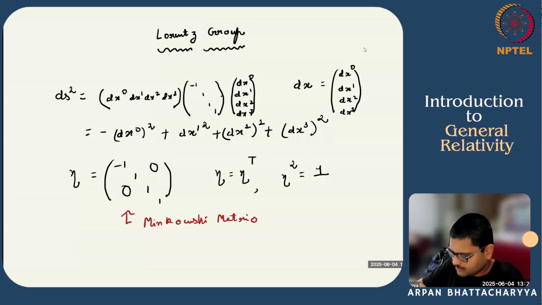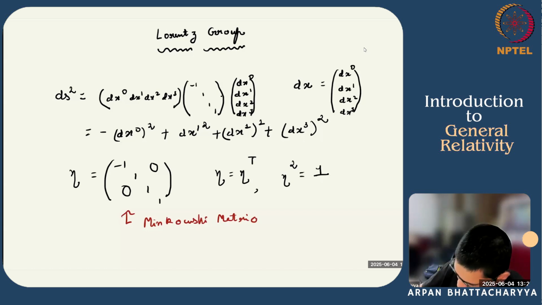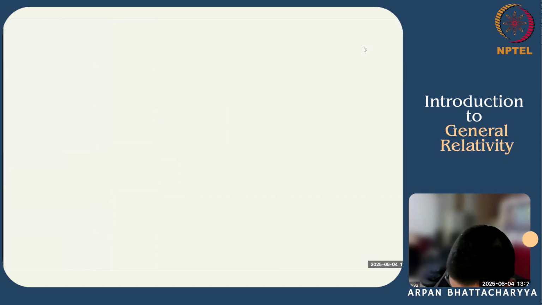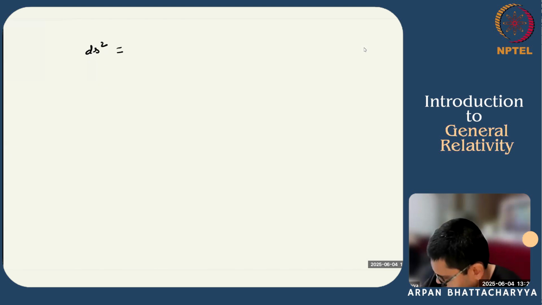Okay, and then we know that under Lorentz transformation, how this coordinate changes. So let's try to write it down. We write the ds square again in terms of the matrix.